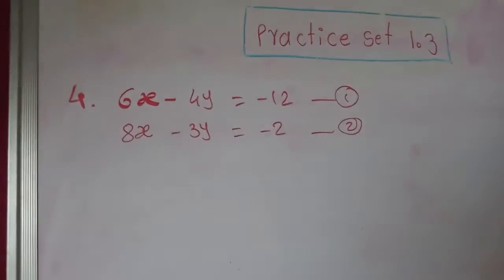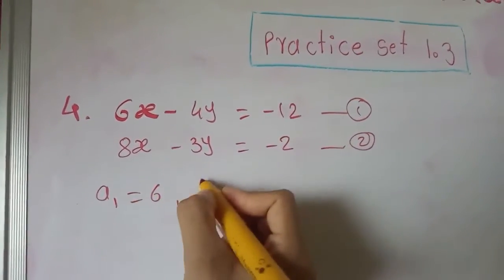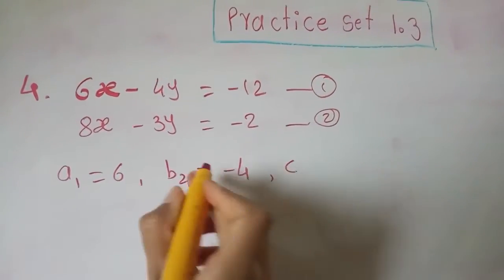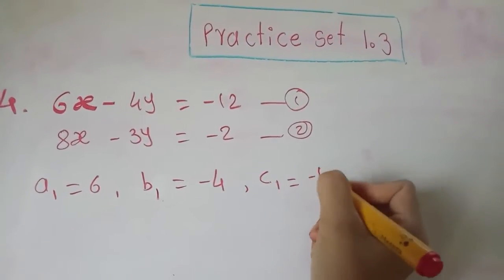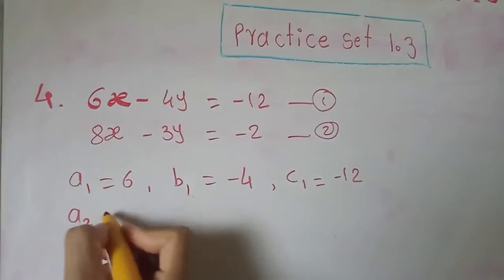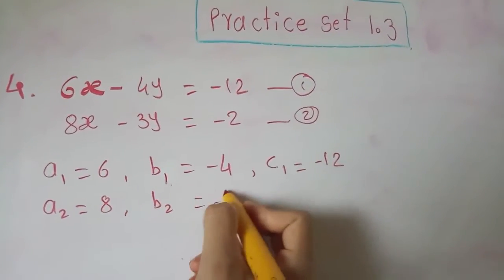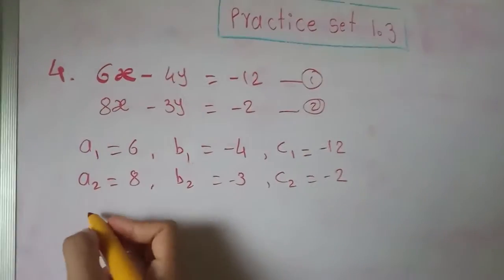So compare this equation and find the value of a1. a1 is equals to 6, b1 is equals to minus 4 and c1 is equals to minus 12. Then a2 is equals to 8, b2 is equals to minus 3 and c2 is equals to minus 2.